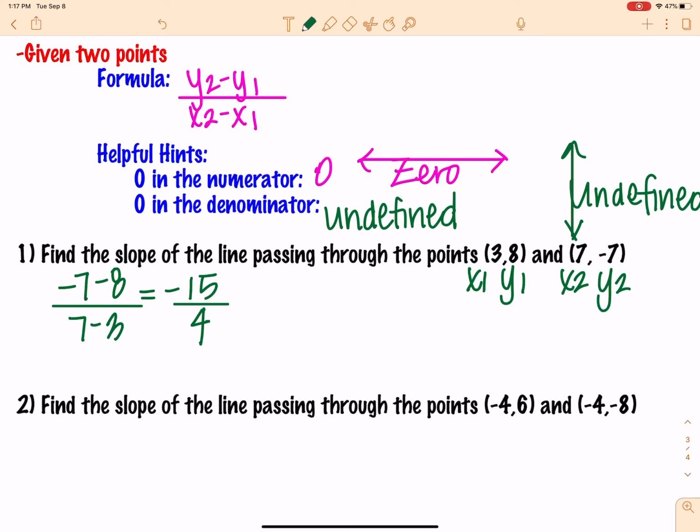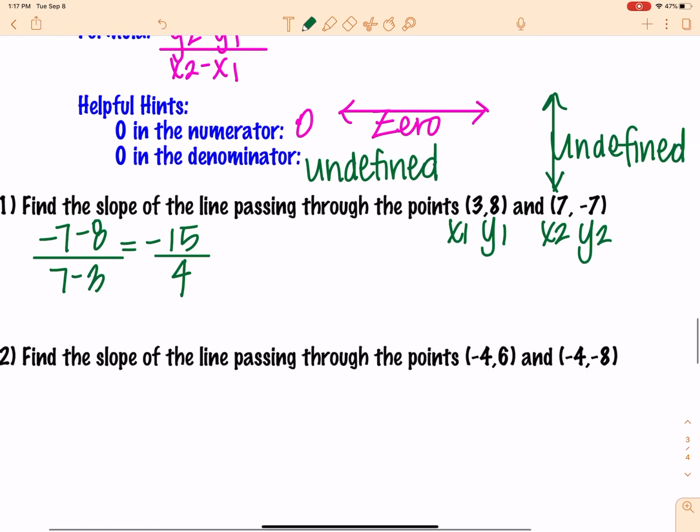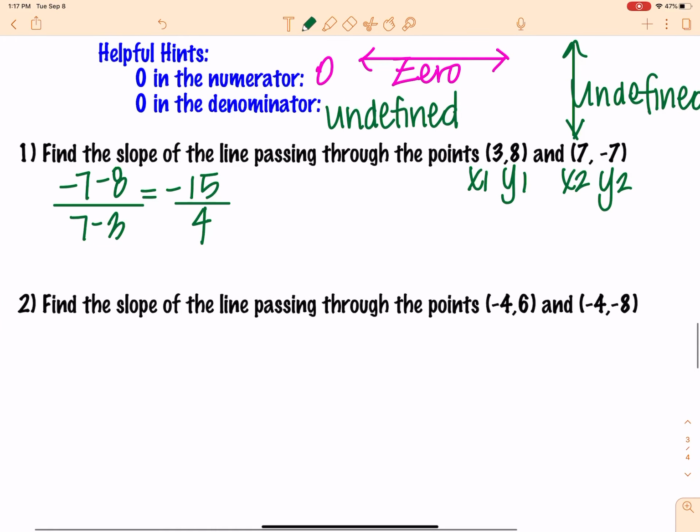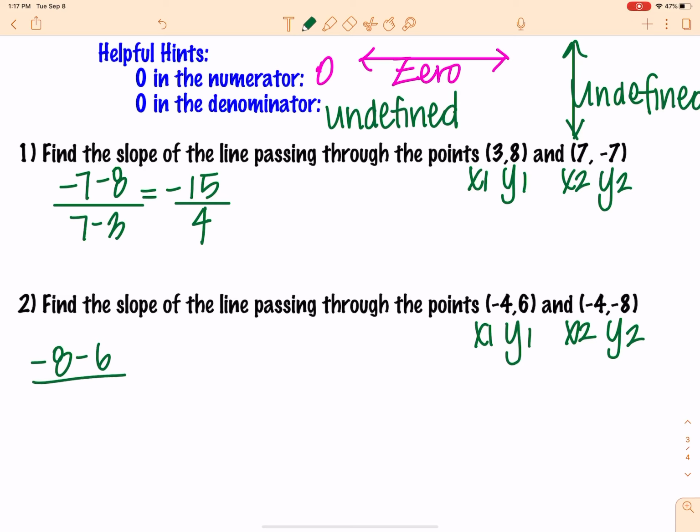Okay, number 2, you do your x1, y1, x2, y2. So you have -8 minus 6 and -4 minus -4. So you're going to get -14 on top.